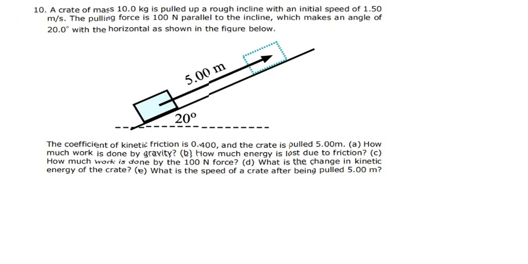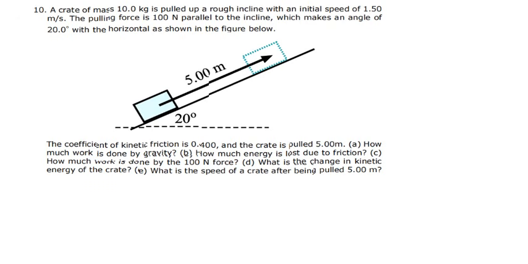Now they've told us it's rough with an initial speed of 1.5 meters per second. The pulling force is 100 newtons parallel to the incline, okay, which makes an angle of 20 degrees with the horizontal as shown in the figure below.